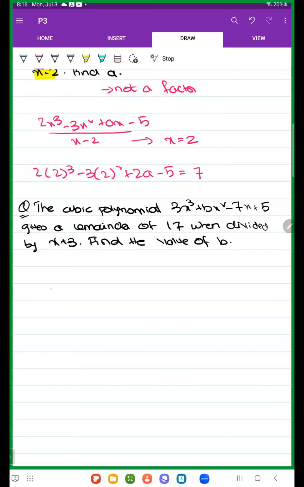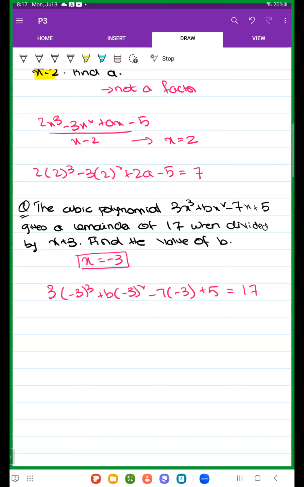So you put in x as minus 3. Minus 3 cubed plus b into minus 3 squared minus 7 into minus 3 plus 5 is equal to 17. Minus 3 cubed will give me what? Minus 27.